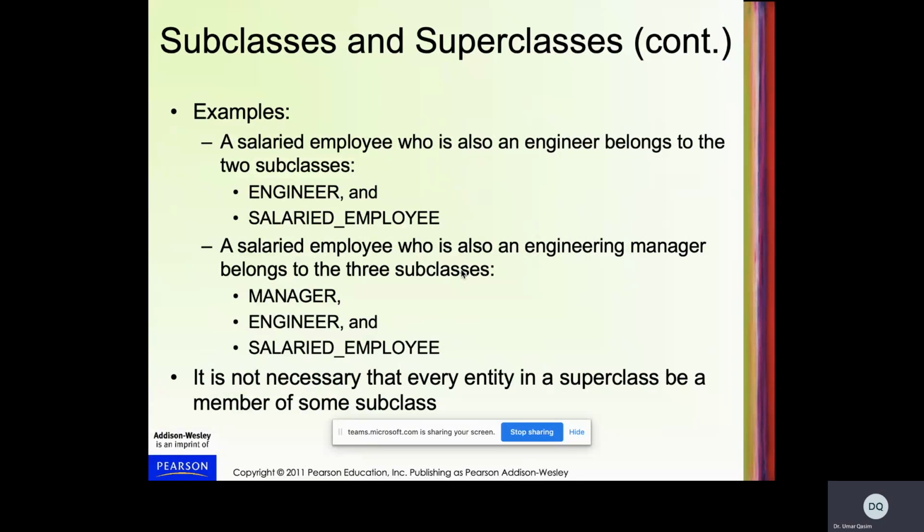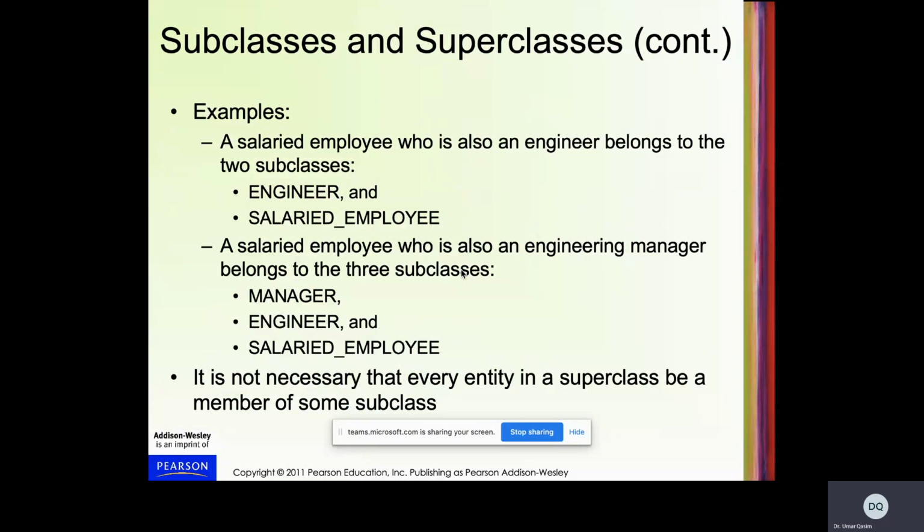And if that person is also a manager, then we have three subclasses participating in this type of relationship. So a salaried employee who is also an engineering manager belongs to the three subclasses: manager, engineer, and salaried employee.